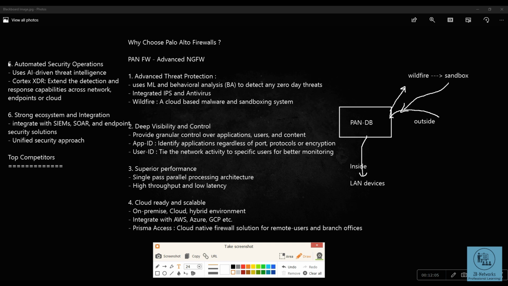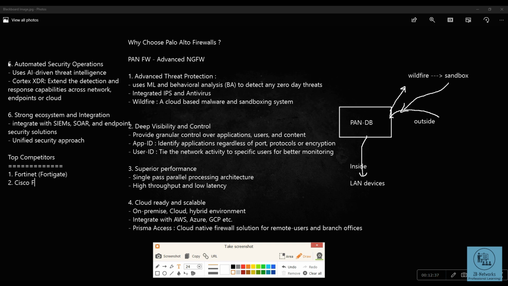And the top competitors, as I was telling, are Fortinet, and their firewall product is called FortiGate. The strengths of Fortinet are of course high performance hardware, integrated SD-WAN solution, and lower cost, and it is best for small to large enterprise needing cost effective security solutions.